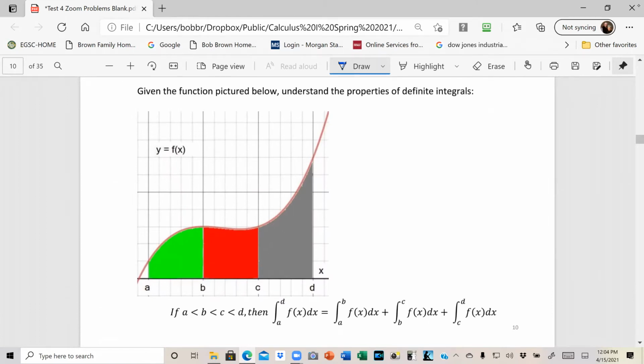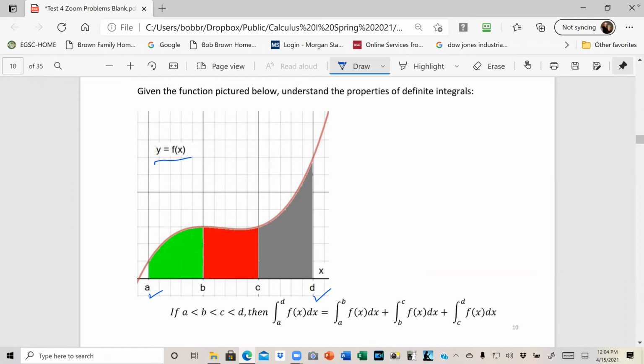Now I'm going to basically reiterate another property of definite integrals. It's pretty much implied that this is so. Suppose you had a function y equals f of x, and you were looking at it from x equals a to x equals d, and you broke it up into three parts.